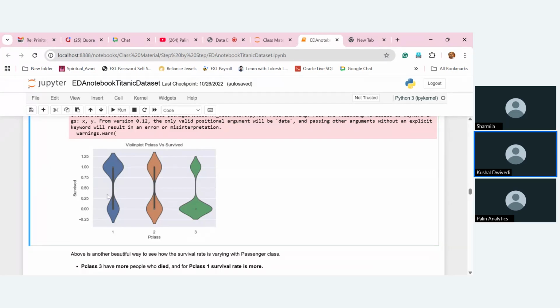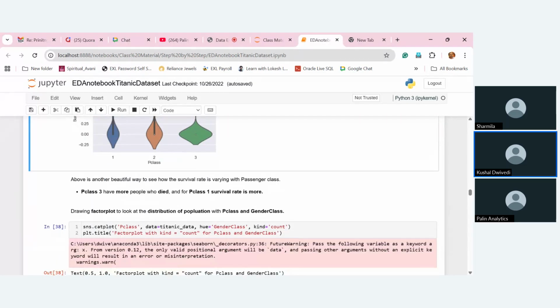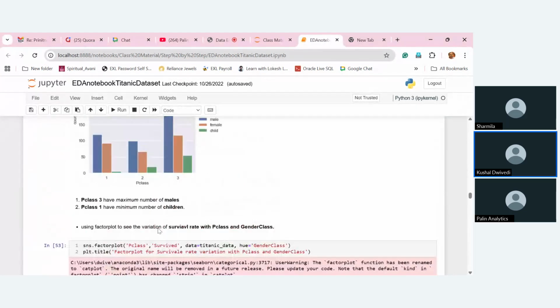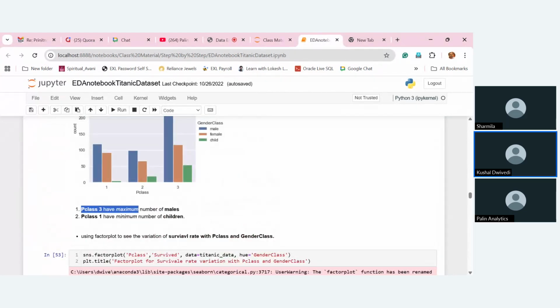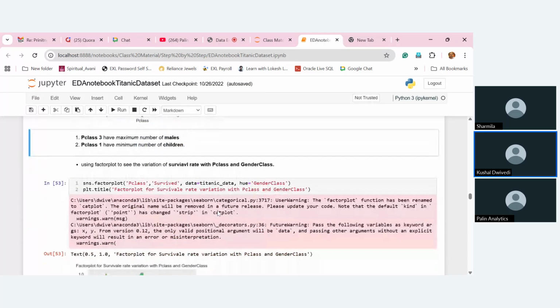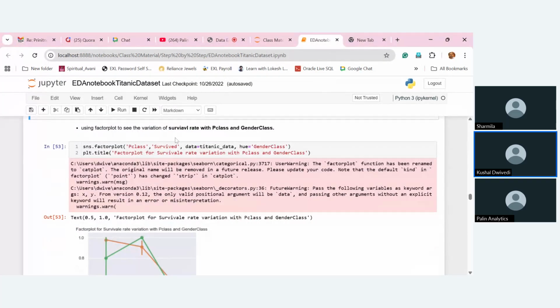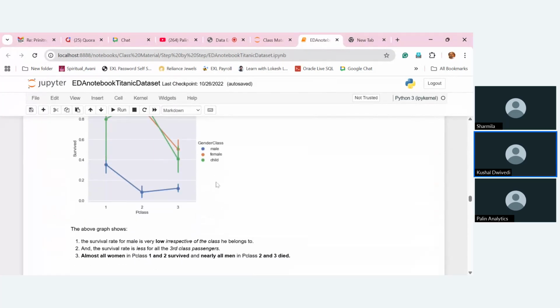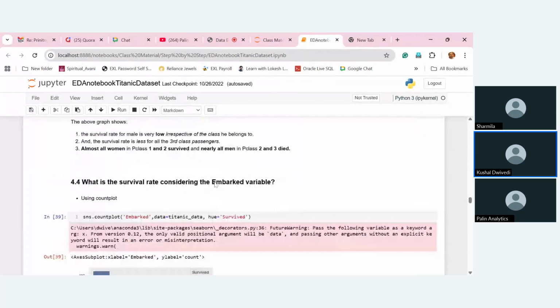In the same way, for passenger class 1, the survival value one is more thick while zero is very less thick. So from all this we can say that passenger class 1 has higher chances of survival, and other classes have lower chances of survival.